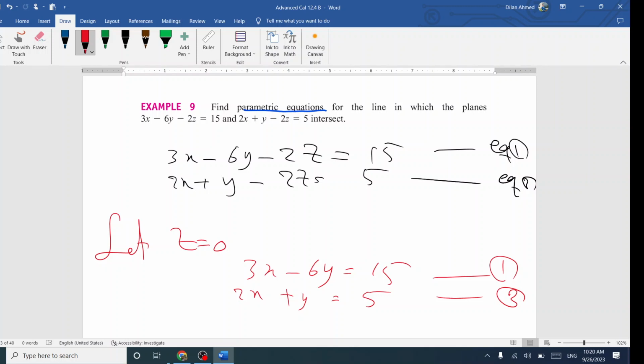But how do we get the point? We need to solve the two planes together to find one point. Because I have two equations and two planes, we need to make one of the variables 0, to eliminate it. Good. Do you have any questions? You know how to solve that one together.